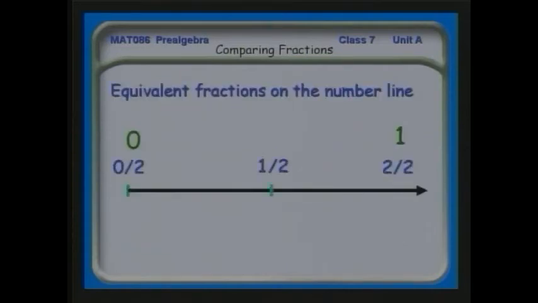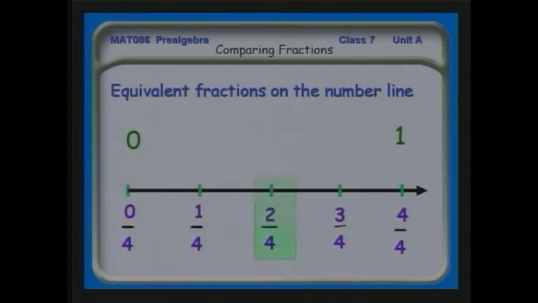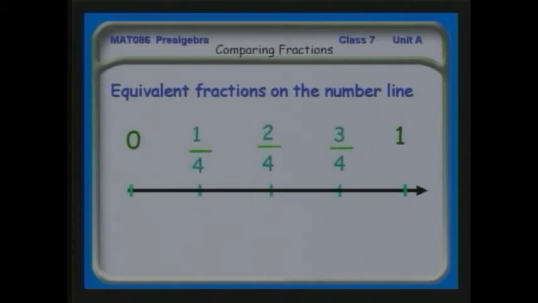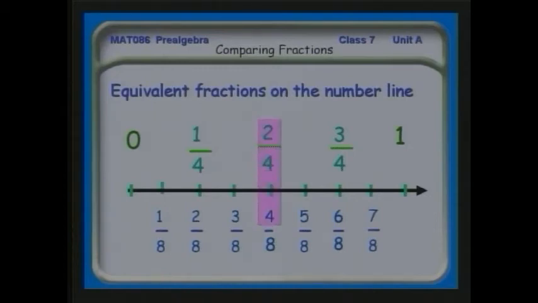For example, we can look at fractions on the number line, going between 0/2, which is 0, 1/2, 2/2 is equal to 1. I can split that up, dividing it into quarters. 1/4, 2/4, which is equal to 1/2, 3/4, and 4/4. I could go even finer. Suppose I start with quarters and then split those up into 8 equivalent pieces.